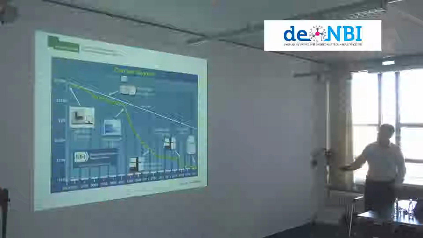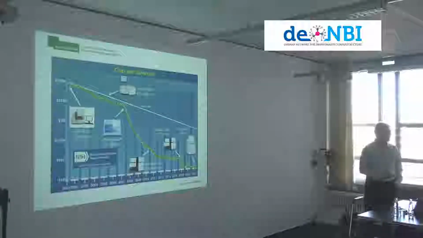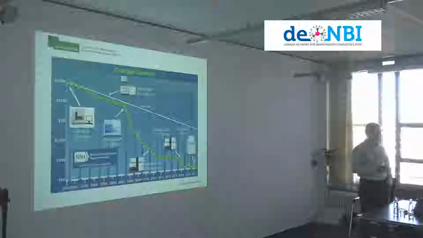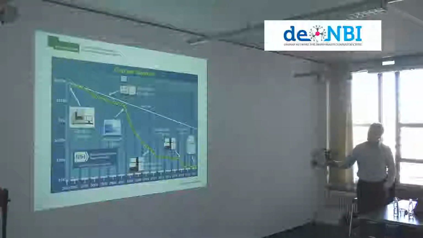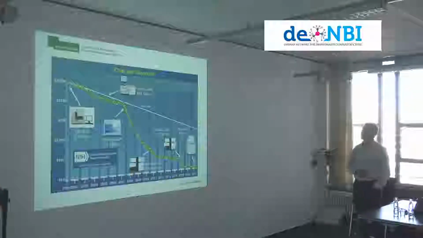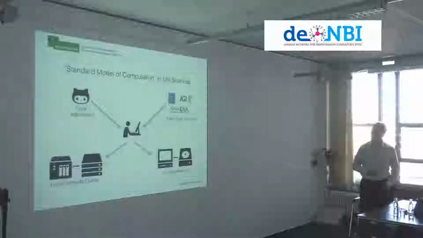And now we're at a price where we can sequence a genome for about $1,000, right? So it is a diagnostic basically today. It's cheap enough to do this on a regular basis. And the machines generate about 6 terabases per run. Okay? And of course that's a problem if you want to analyze it, at least for most people.